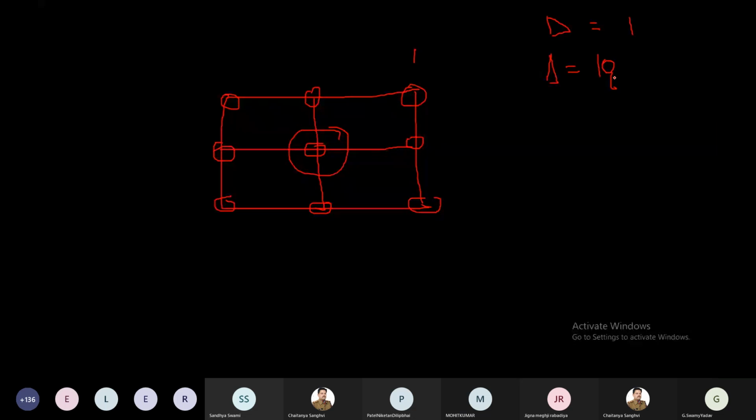The deformation of every column is 10 centimeter. Now what is happening? Suppose the middle column becomes short. If the middle column becomes short, then what is going to happen? Now the middle column becomes short.